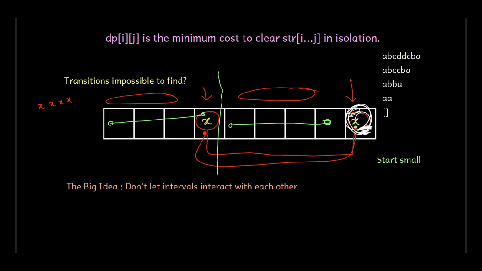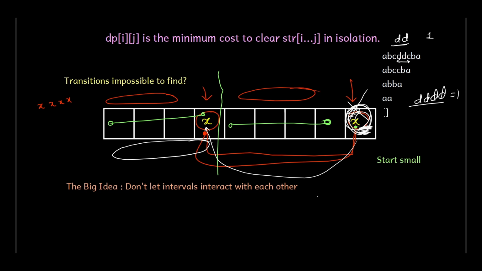Why? Because merging two elements is free, because if you want to delete D and D, the cost is 1, but even if you want to delete D and D, even then the cost is equal to 1. Therefore, when you decide to merge this X with this X over here, you can completely forget about this X and just focus on this part.